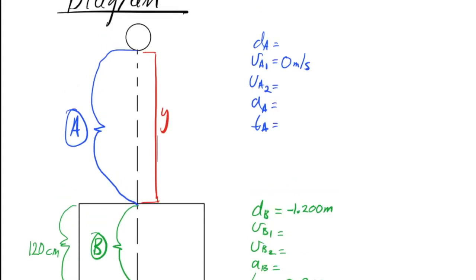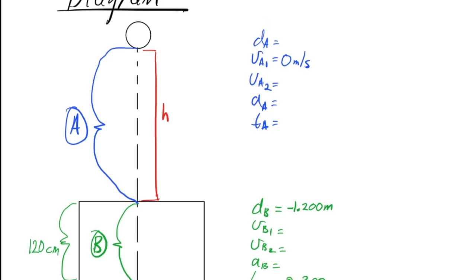Actually, on second thought, h for height. Okay, so that is going to be related to our dA. So I know that the height and this dA are related. And how they're related is as follows. That projectile over here is going to fall down to the equivalent of that height in section A. So the displacement in A is equal to negative h. The negative because it's going down.